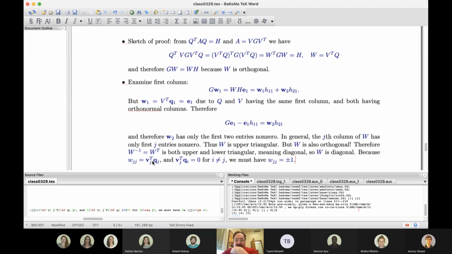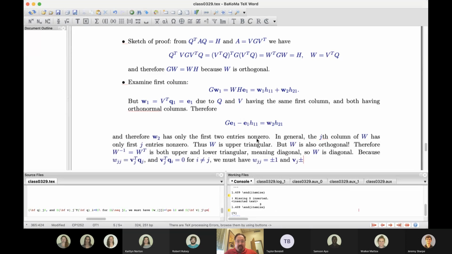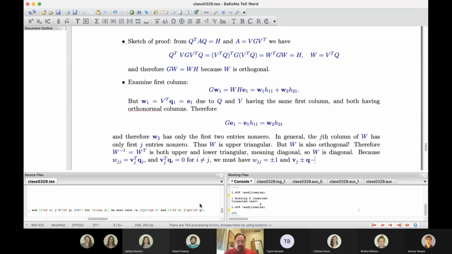And because they're unit vectors, their dot product must be plus or minus 1. So that is what, Vj equals plus or minus Qj.